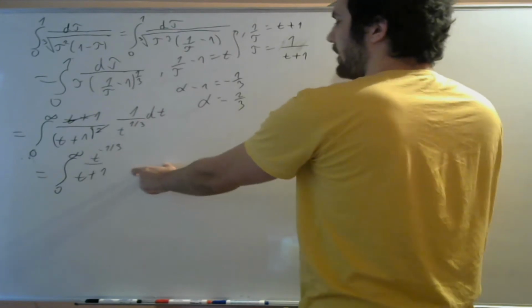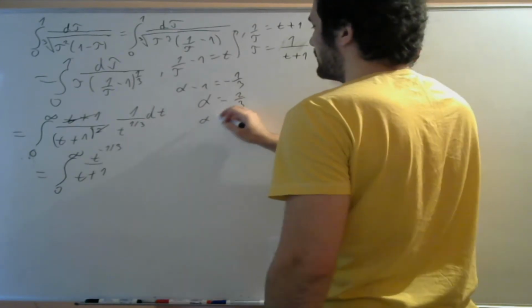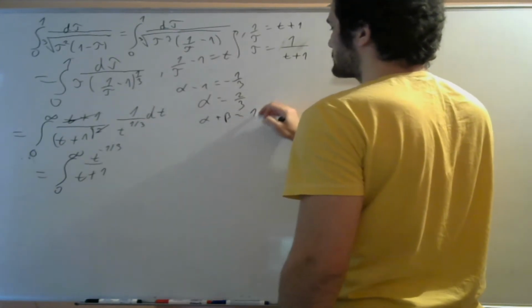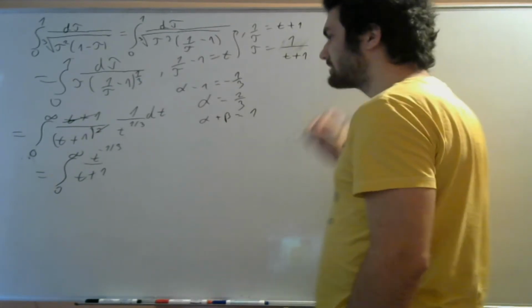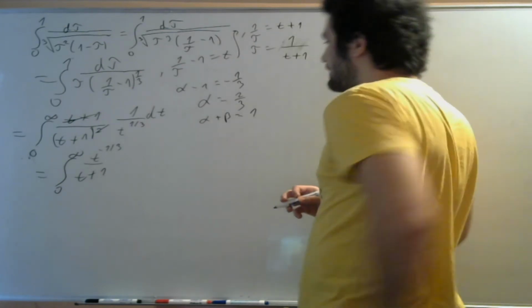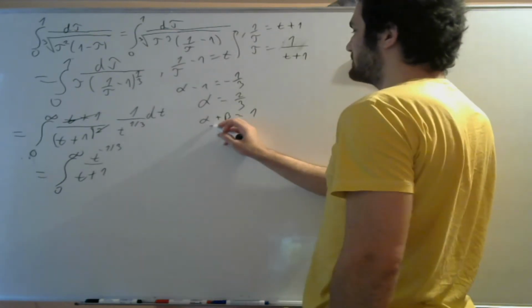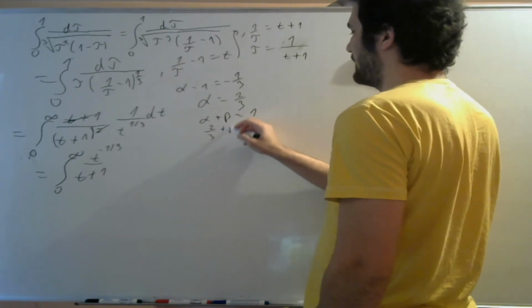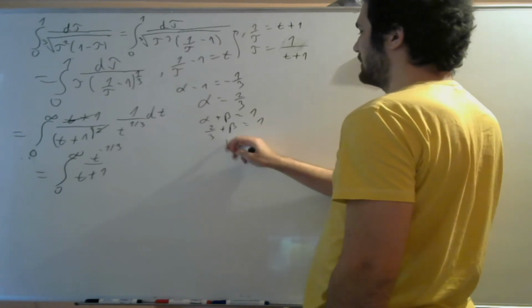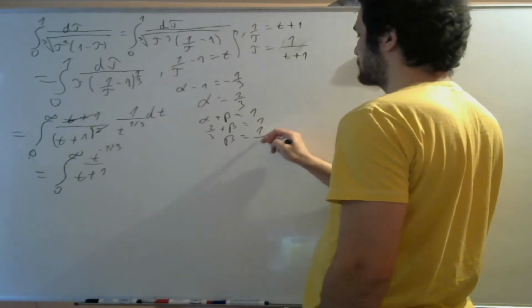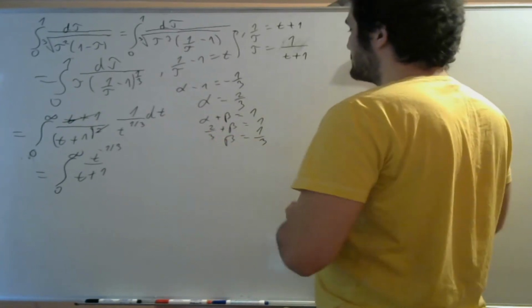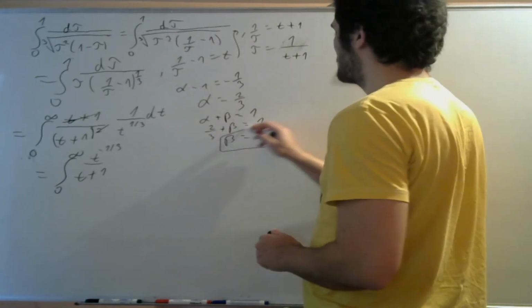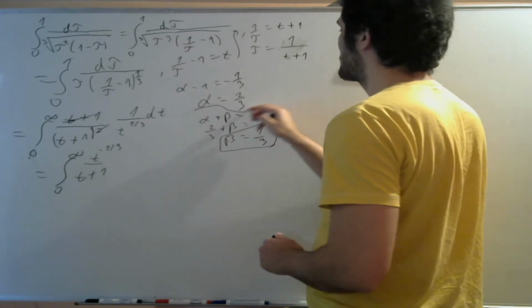And the bottom power will be in the form alpha plus beta equals 1. Alpha is 2/3 plus beta equals 1. Beta obviously equals 1 over 3. 1 minus 2/3 is 1 over 3. So these are the coefficients for the beta function we will use.